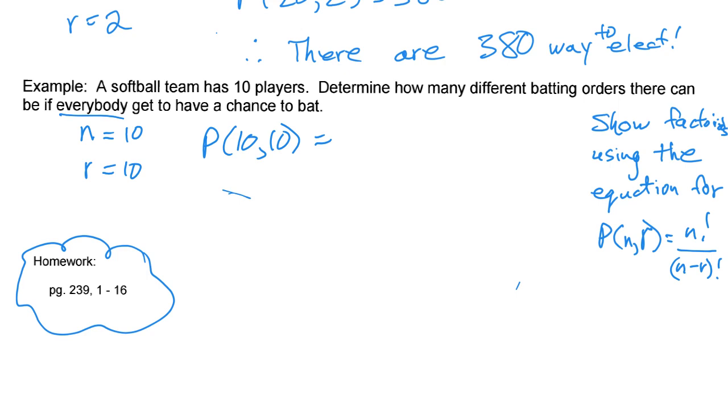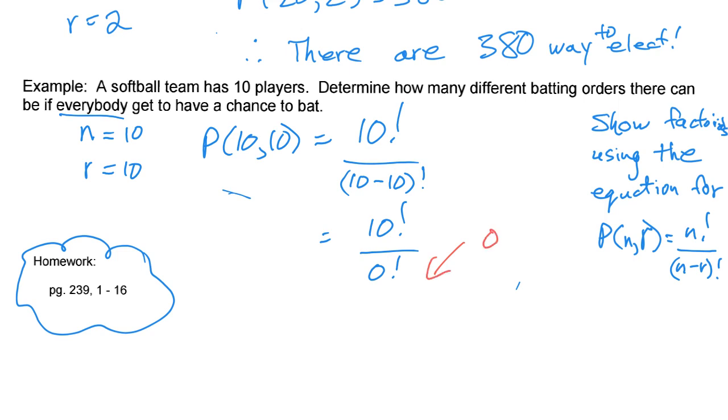So P of 10, 10 is 10 factorial divided by (10 minus 10) factorial, which is 10 factorial over 0 factorial. Now, I need to remind you that 0 factorial is equal to 1.